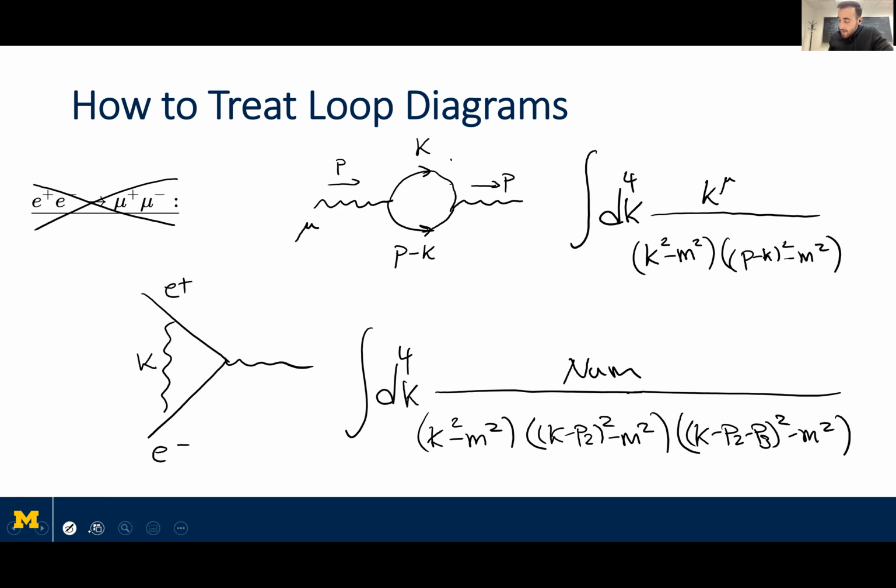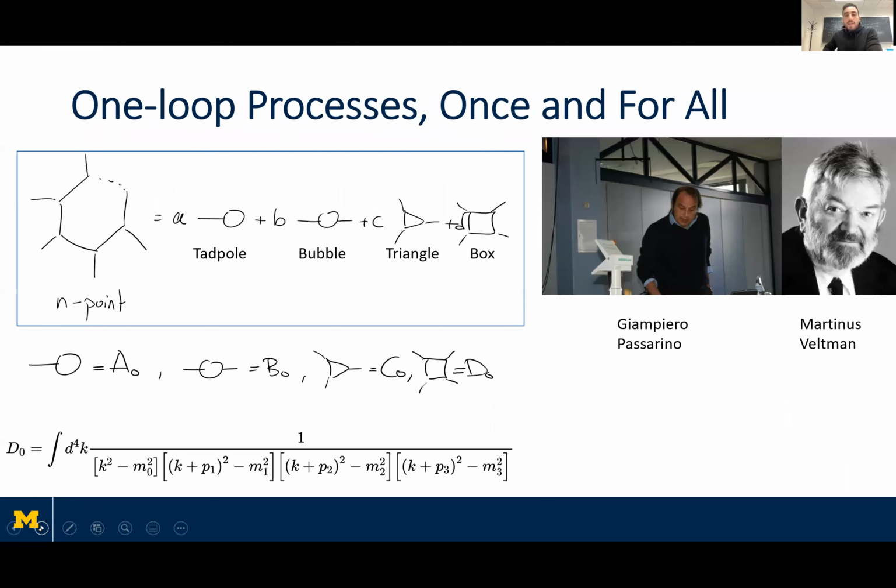Luckily enough, the pioneering work of Giampiero Passarino and Martinus Veltman gives us a systematic way of computing any one-loop process that you give me in terms of just 4 integrals that are relatively easier than what you might get from a random process. These are the so-called tadpole integrals, the bubble integrals, the triangle integral, and the box integral.